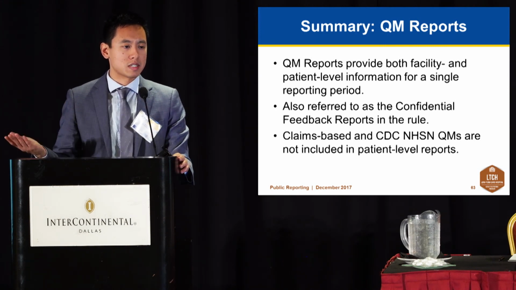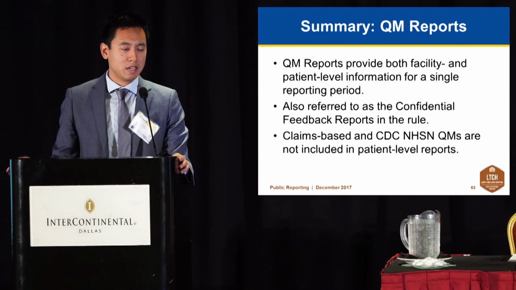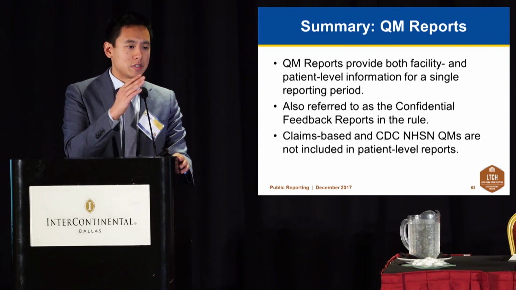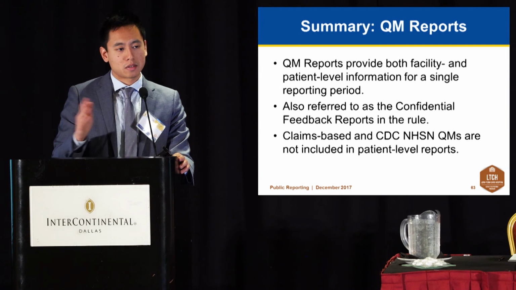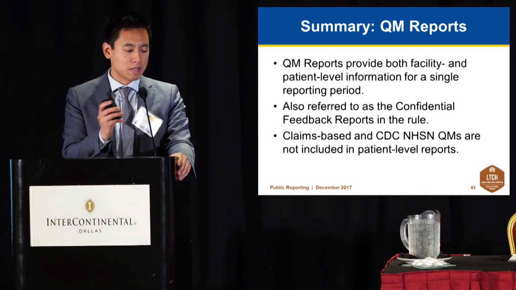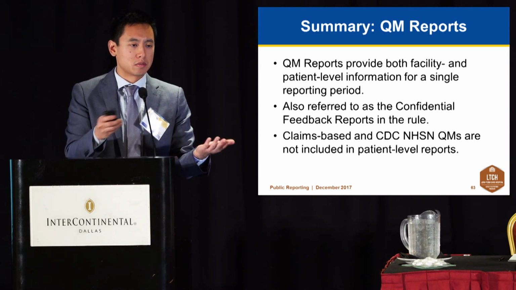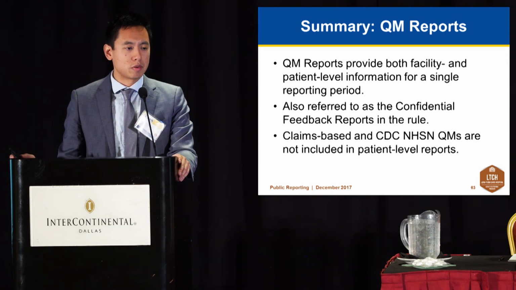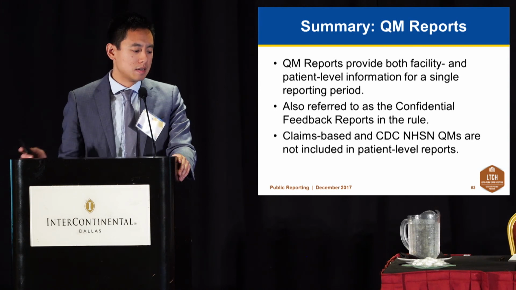So if you request December 31st, 2017, it will spit out a report January 1st, 2017 through December 31st, 2017. Forgot to mention that, but it's similar to how the review and correct reports are requested.